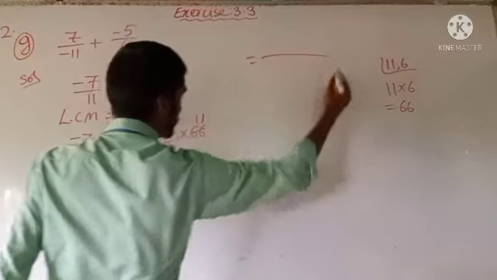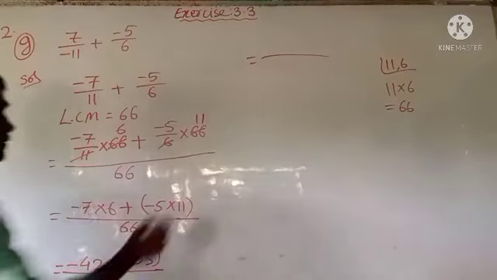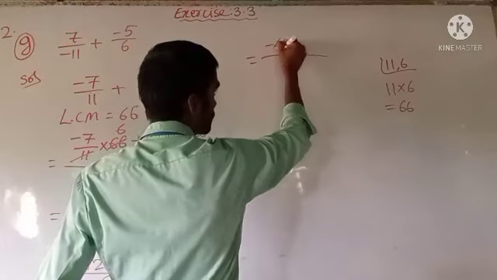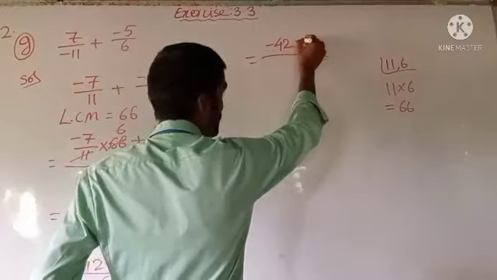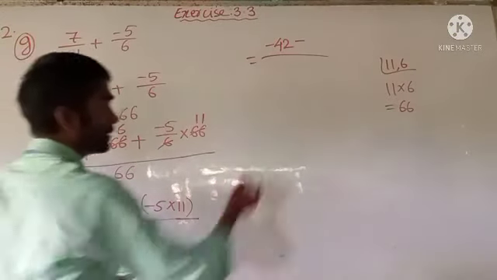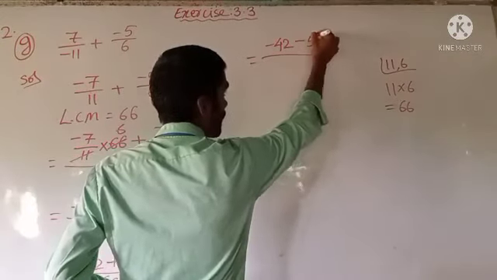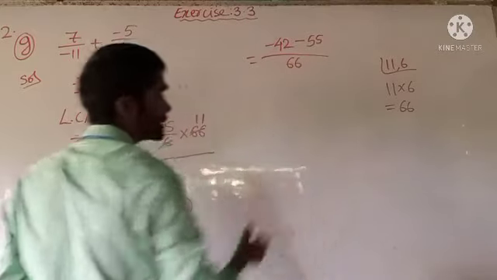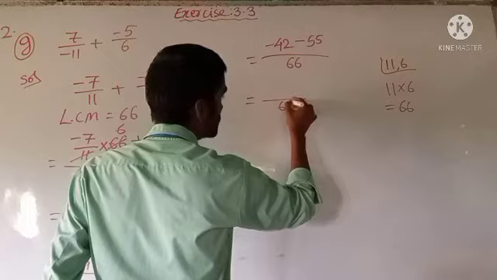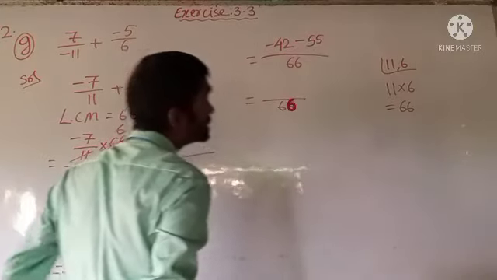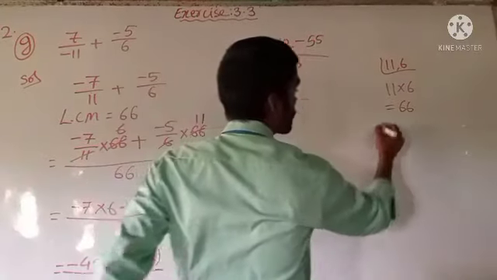Now again minus 42, plus into minus we get minus, so minus 55, divided by 66. Now minus into minus is plus, so we will add them.